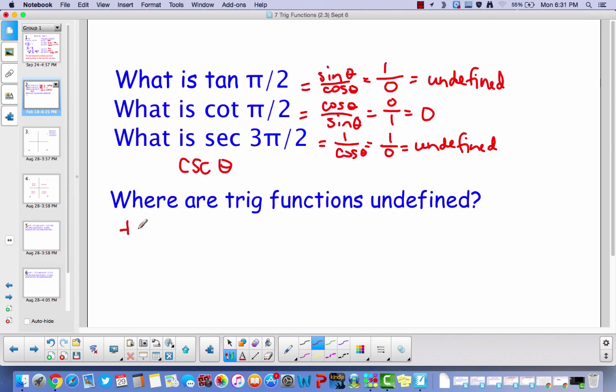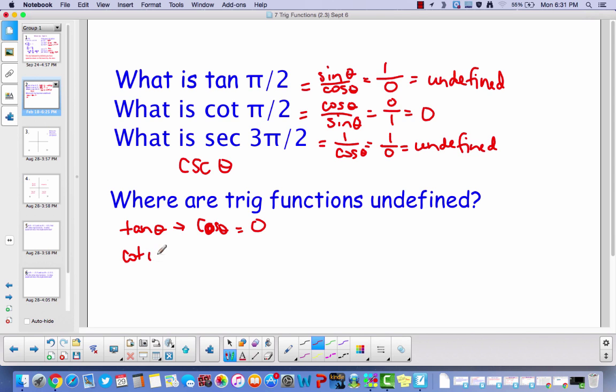All right, tangent is undefined when the denominator, so when cosine, is 0.